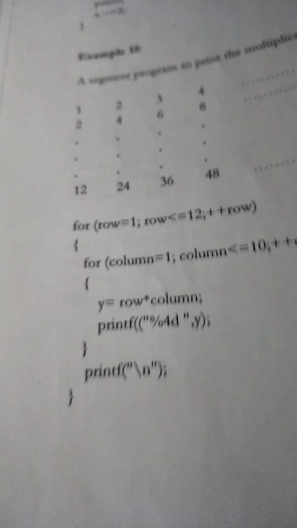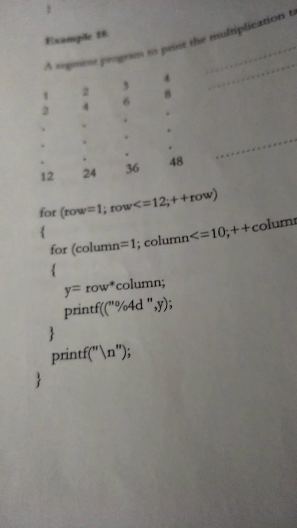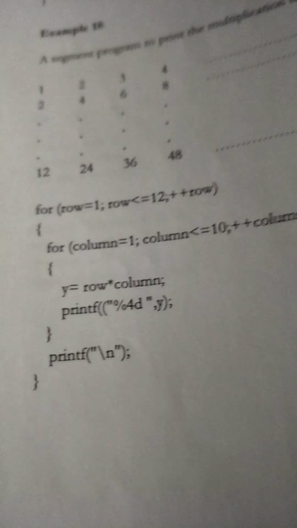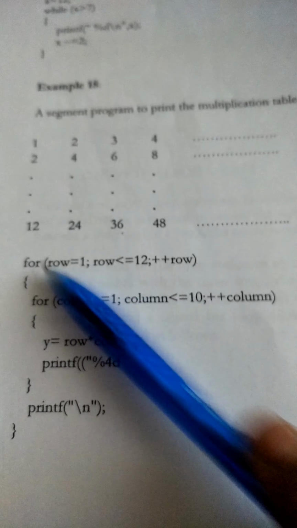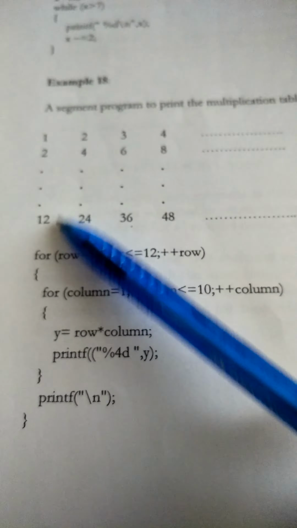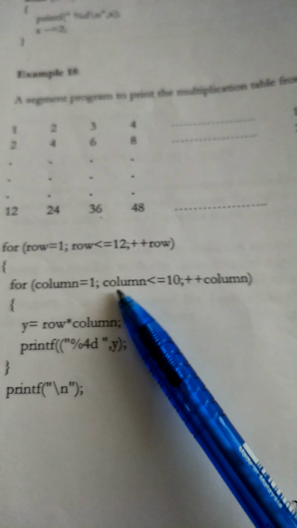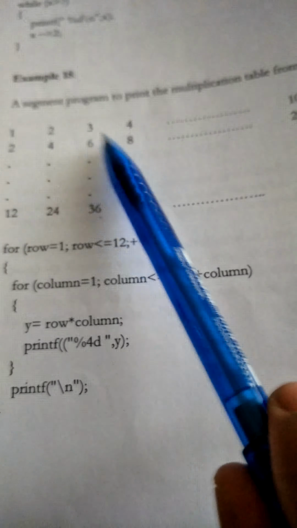So that's the part of the program to evaluate or fill in the times table. You have rows 1 to 12, so we have row 1, 2, 3 up to 12. We have columns 1, 2, 3, 4, 5 to 10.